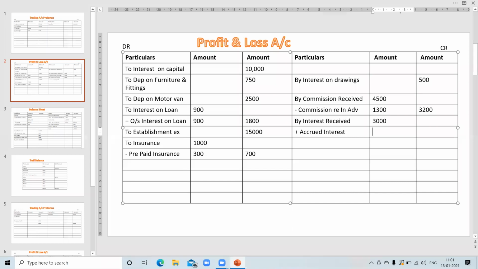Accrued interest, so 500. The remaining balance, it will be posted in outer column. It's a 3,500.